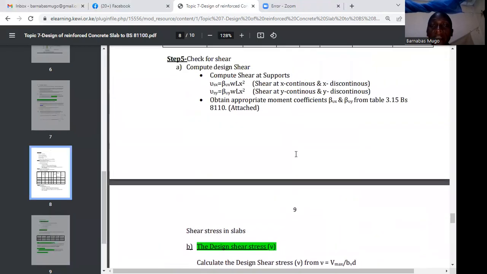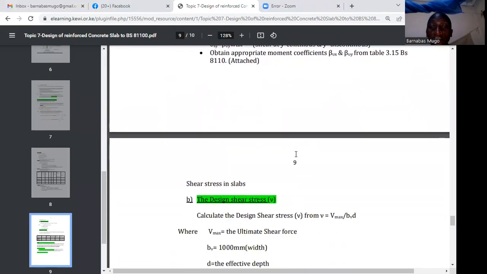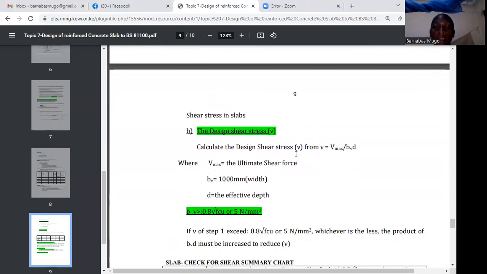Then after determining the design shear, you need to calculate the design shear stress. In determining the shear stress, you calculate the design shear stress by use of the equation v = V maximum, that is the shear force, divided by the cross-sectional area, which is bd.